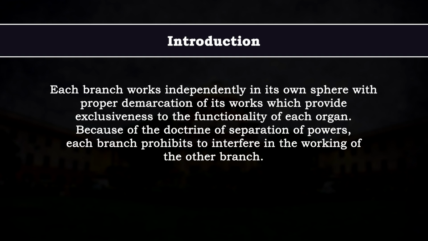Each branch works independently in its own sphere with proper demarcation of its works, which provides exclusiveness to the functionality of each organ. Because of the doctrine of separation of powers, each branch is prohibited from interfering in the working of the other branch.